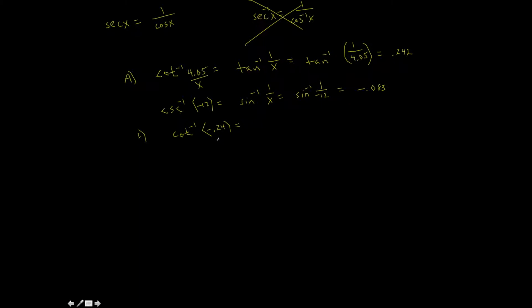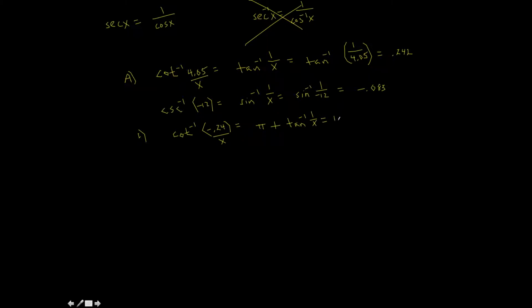So notice x is negative now. Look at your x. X is negative. So we're going to use this formula to type in the calculator. You've got pi plus the inverse tangent of 1 over x.